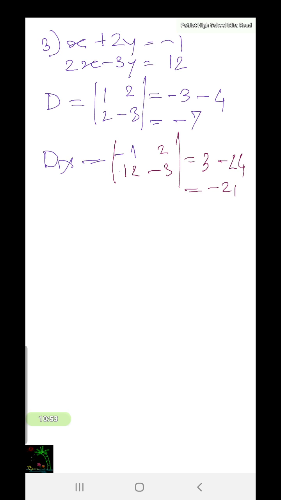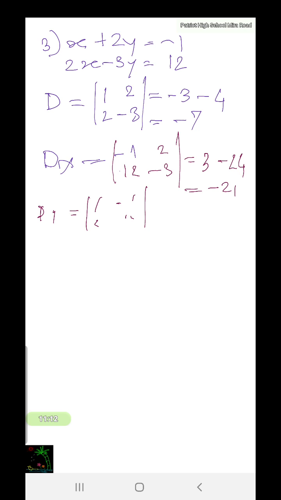And Dy: the first column 1, 2 and the third column minus 1, 12.